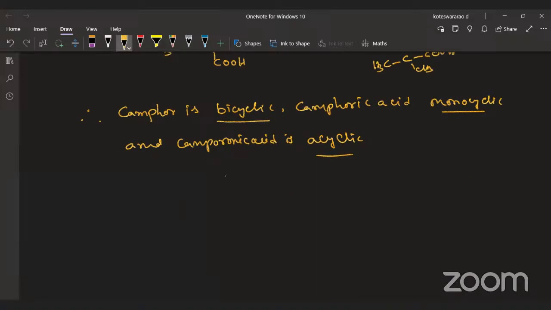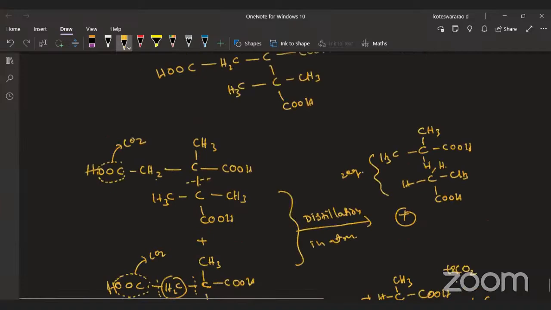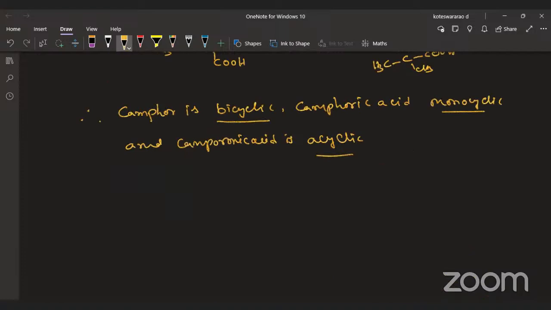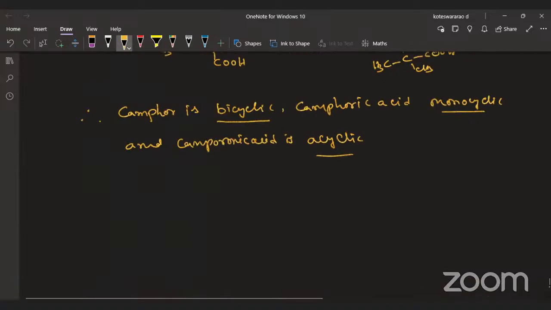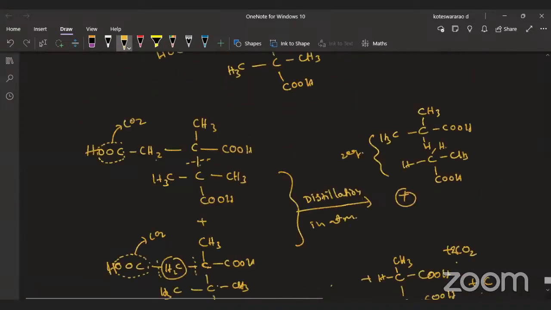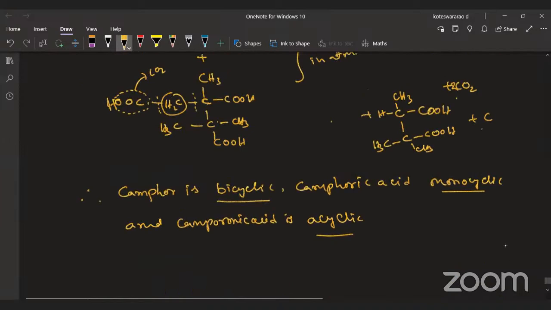Whatever methyl groups are present in the trimethyl succinic acid, one methyl group and two methyl groups, total three methyl groups, are originally present in the camphor. These are not affected by any oxidizing reagent. That is another fact.